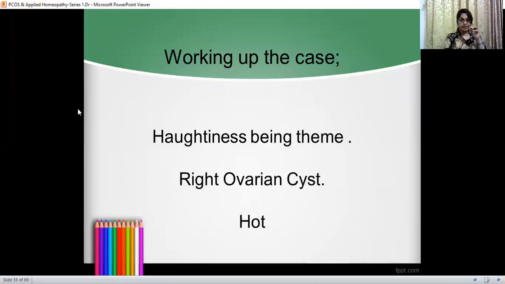So working off the case, any guesses about the remedy? Working up the case, I selected haughtiness as the theme, and also right affection. The right ovary was affected, and thermally hot.